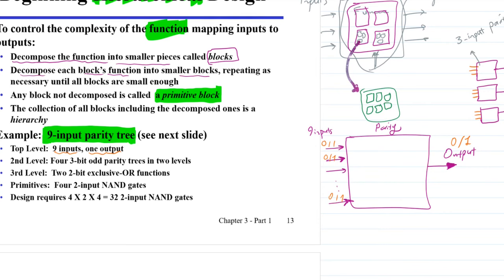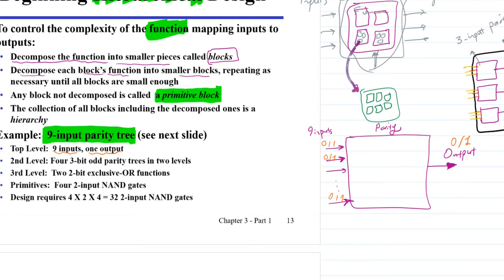Then if we apply those 3 outputs that we get from those blocks into the same 3-input parity tree, which gives us 1 output, what you see here will work for us as a 9-input parity tree. So what we have in black is the 9-input parity tree.